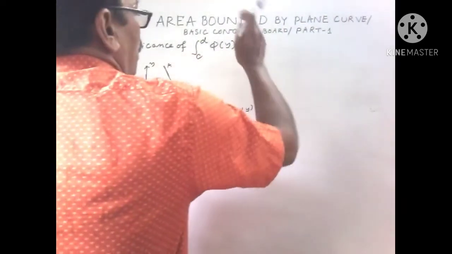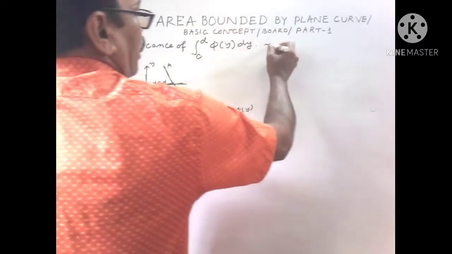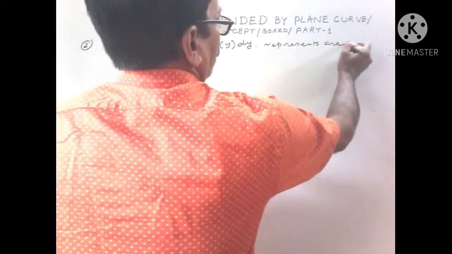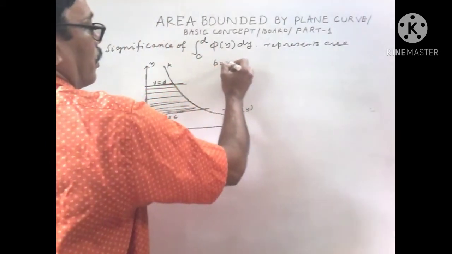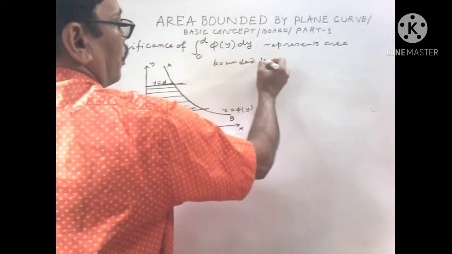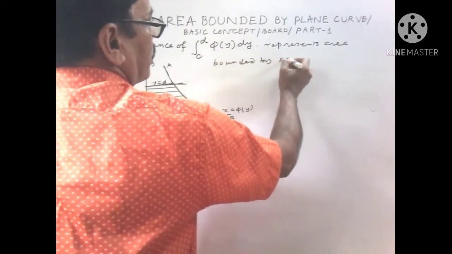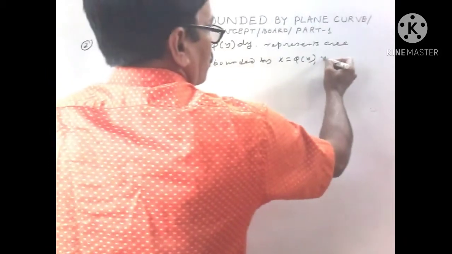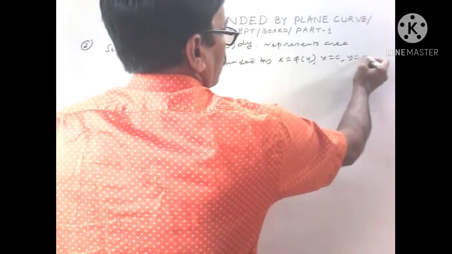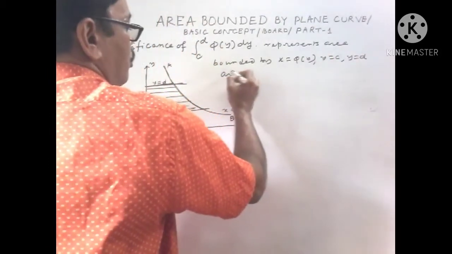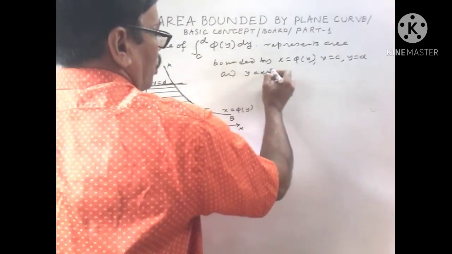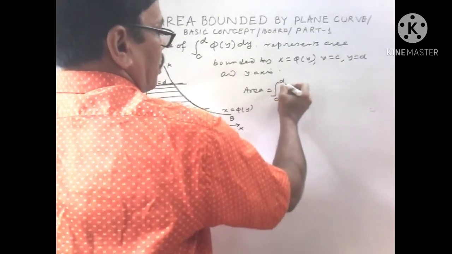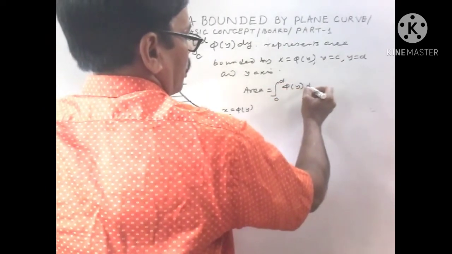So the integral from c to d of phi y dy, what is its significance? It represents the area bounded by x equals phi y, the curve, y equals c, y equals d, and the y-axis.